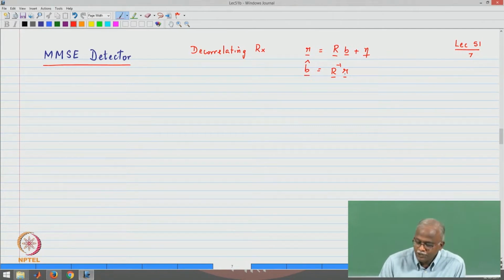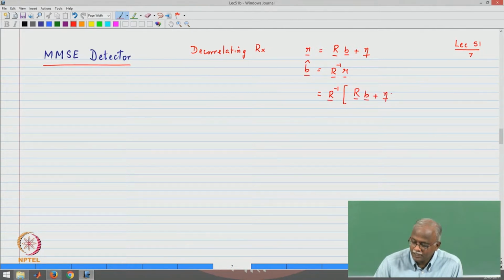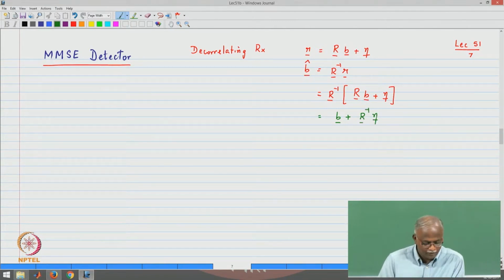If you substitute for R, this would be R inverse times R times B plus eta, and expanding this equation, it gives us B plus R inverse times eta.